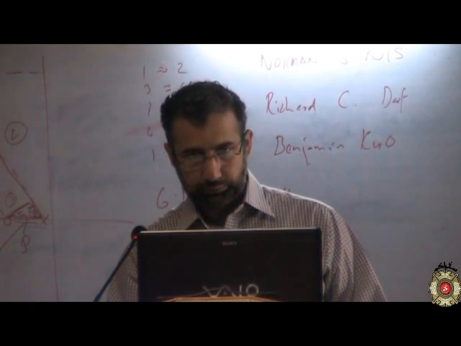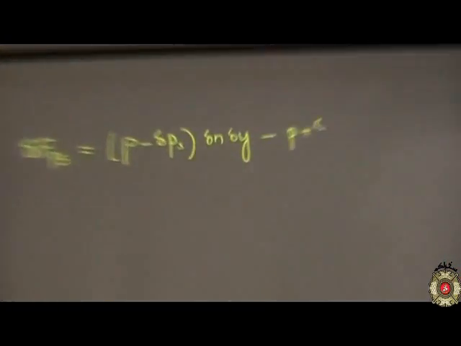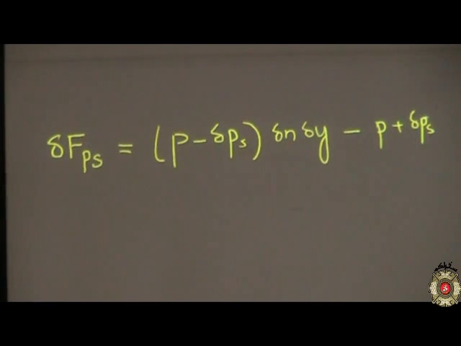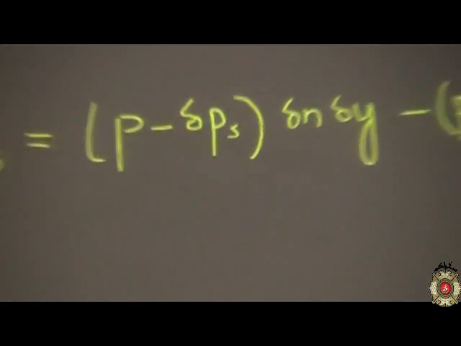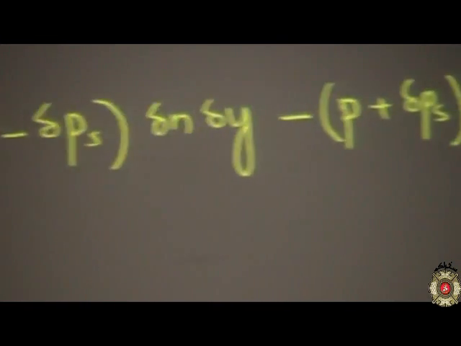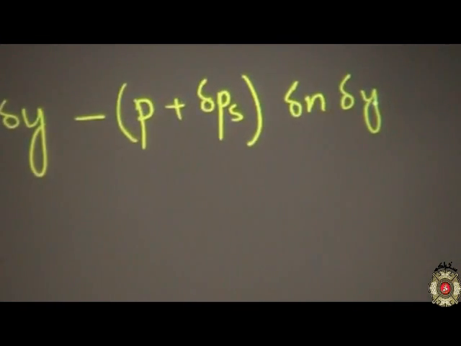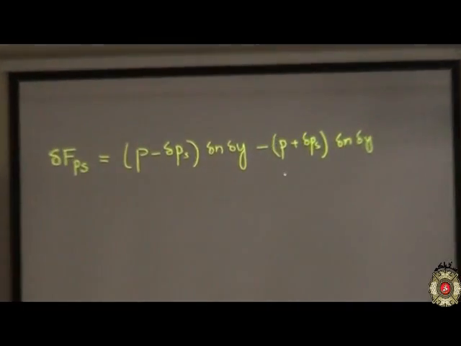Okay, so P minus delta P_s, and you can look at it in the book as well. I'll tell you what y is. If you remember, in chapter 2 we had 3 directions, x, y and z.